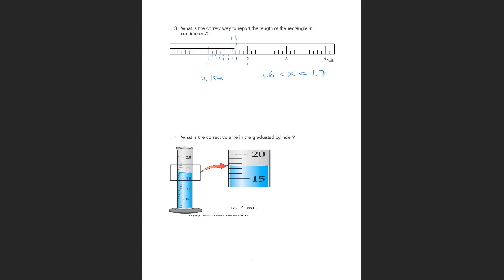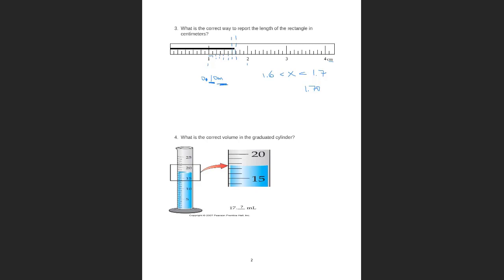But even if it's exactly at 1.7, I would say 1.70, because remember that I have to guess. I know up to the 0.1, one digit after the decimal, but I have to guess one more.